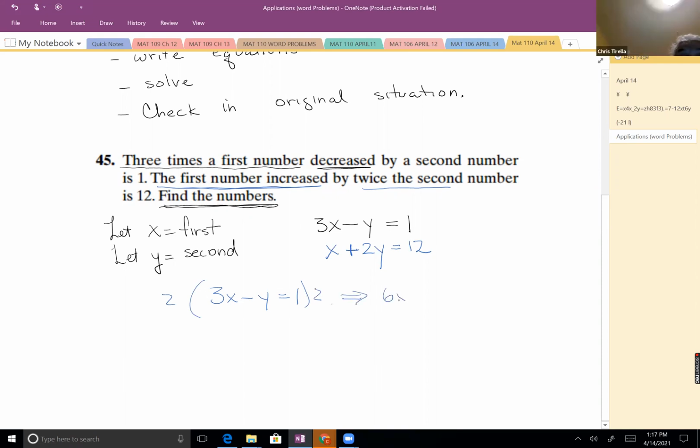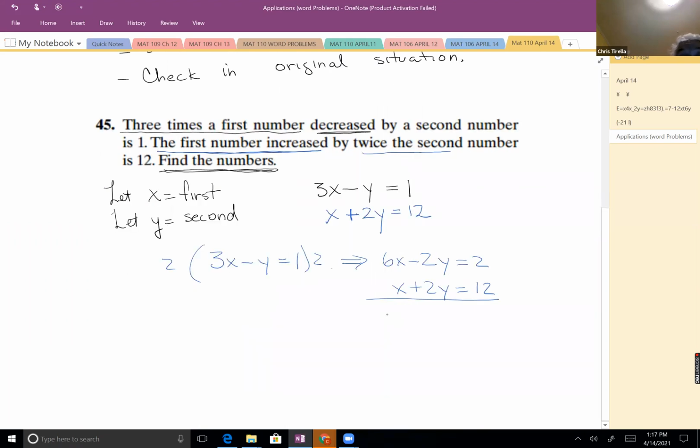Gives me 6x minus 2y equals 2. I'm thinking we're going to leave that second equation as is. Adding, we'll get 7x equals 14. So dividing, x is 2. And then to find y, I think I'd go back to that 3x minus y equals 1.